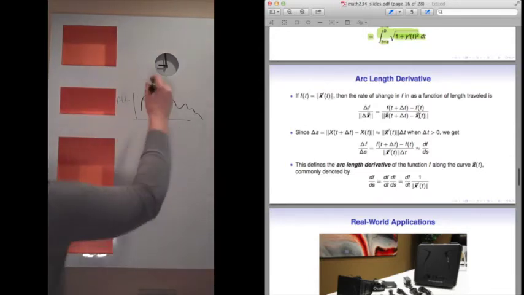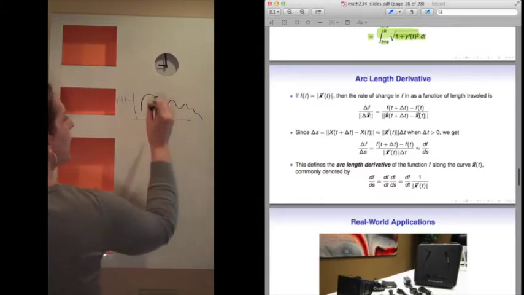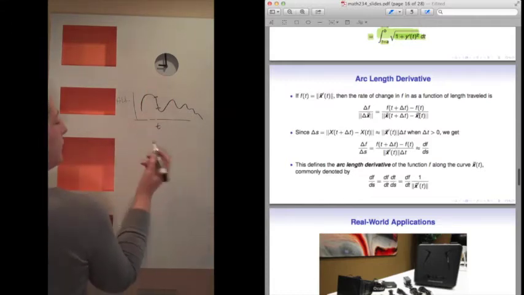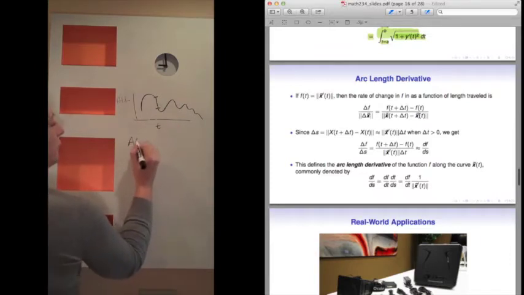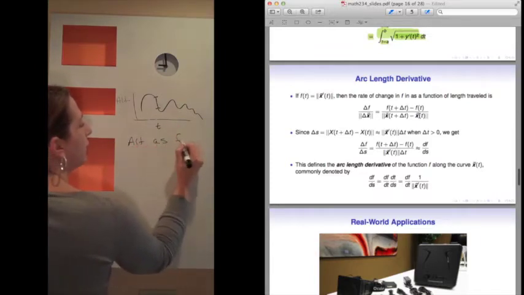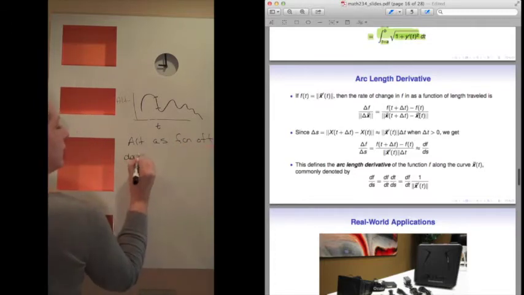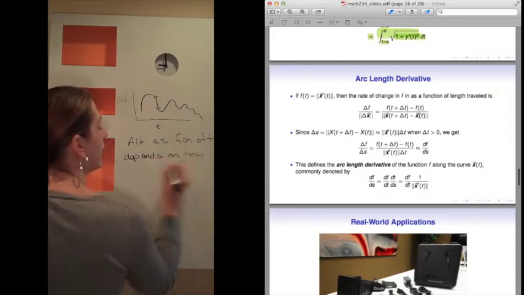Now notice that if I take a segment here and I want to know how much my altitude changed, there are a couple different ways I can measure that. So I can measure the change in altitude as a function of time. So altitude as a function of time depends on how fast you're driving.